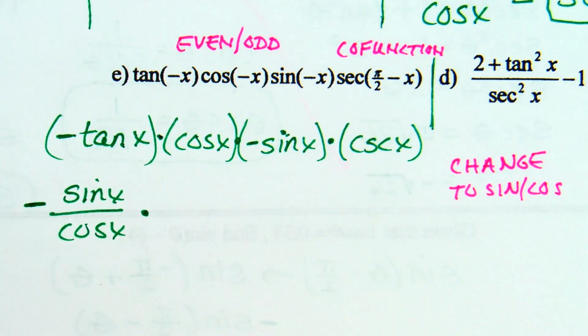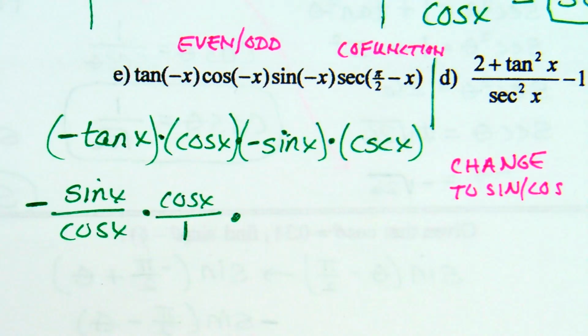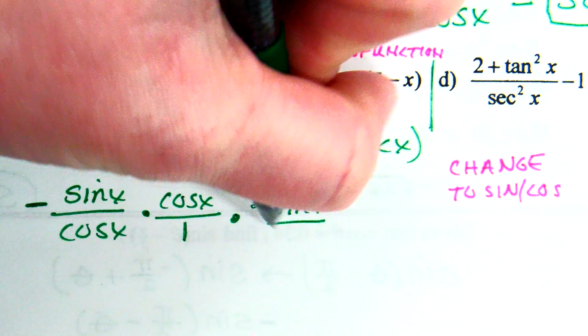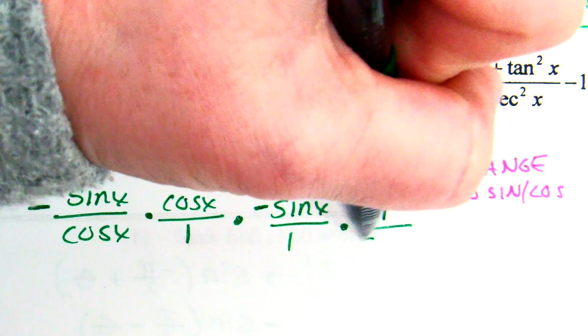Still cosine, but in fraction form, it's what? Cosine over 1. I'm just trying to set us up for the final step here. Negative sine x. It's already sine, yes? How do I write that as a fraction? Negative sine x over 1. What do we know about cosecant? It's 1 over sine x.